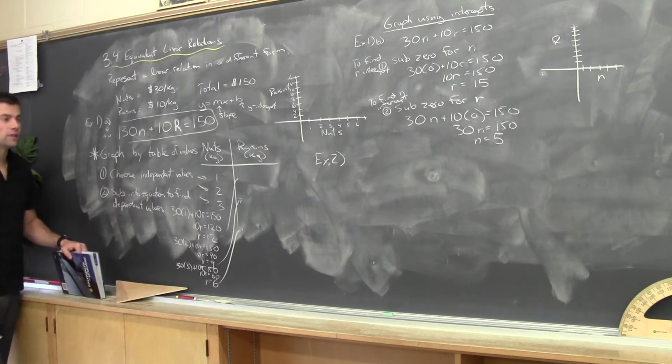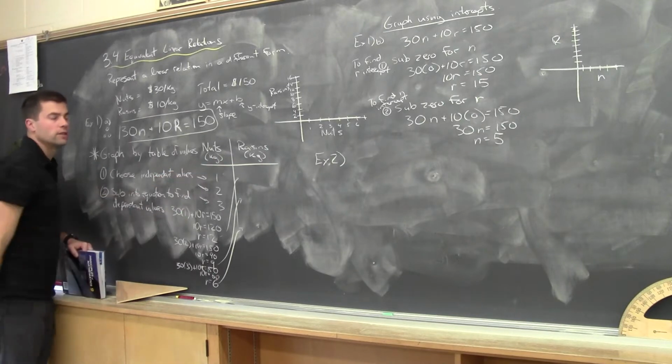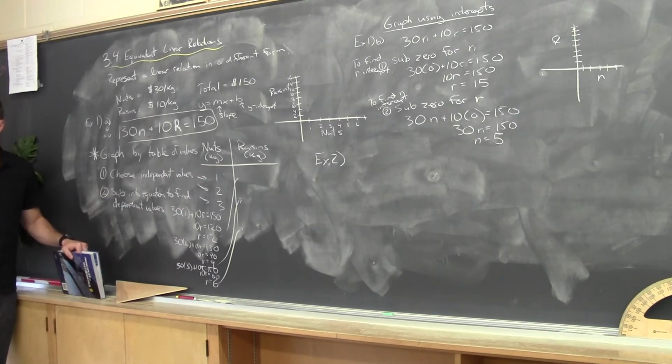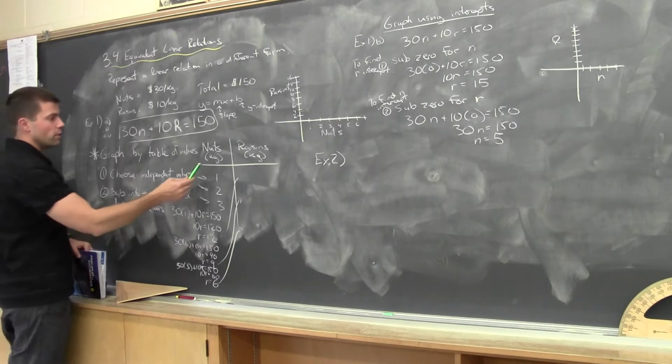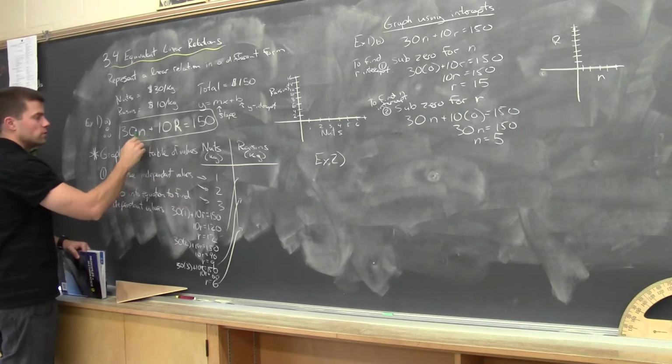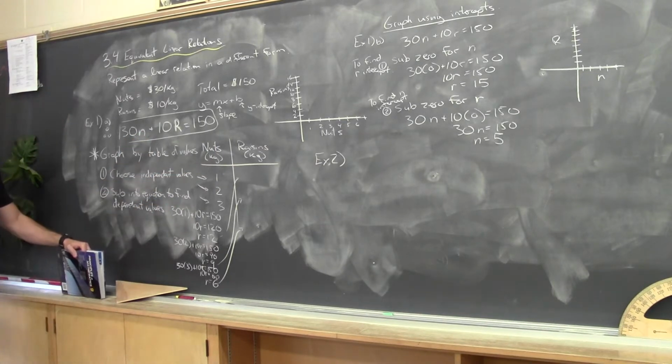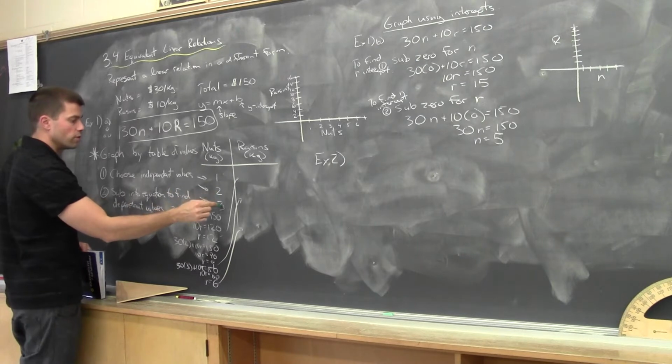So I could have said raisins were independent or nuts are independent. It doesn't matter in this particular case. It's one of the rare scenarios where which one you choose and which one you measure is interchangeable. So we're going to choose the independent values for nuts. We put N first, we'll choose the values for nuts in kilograms. So of course we're just going to choose 1, 2, and 3.